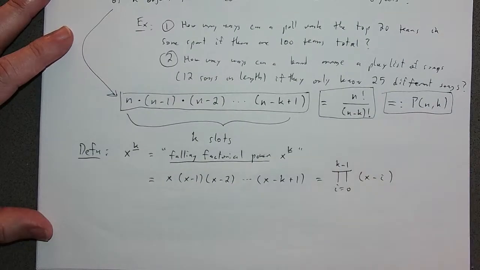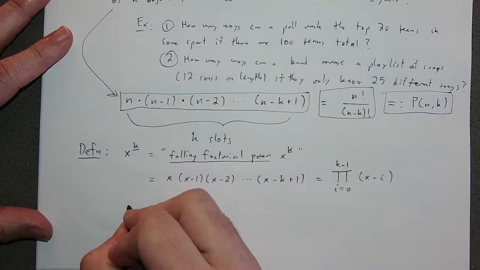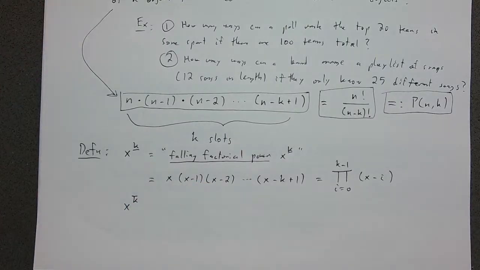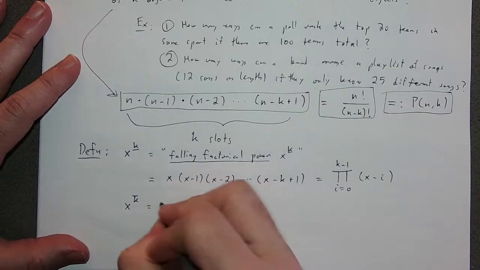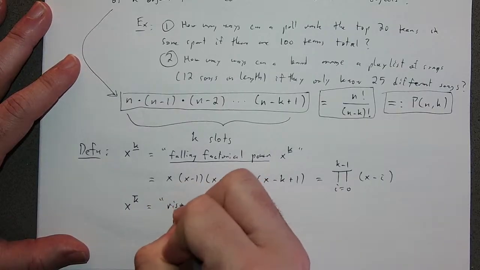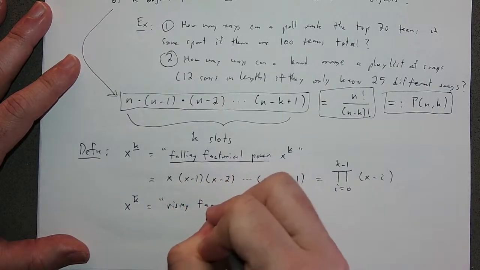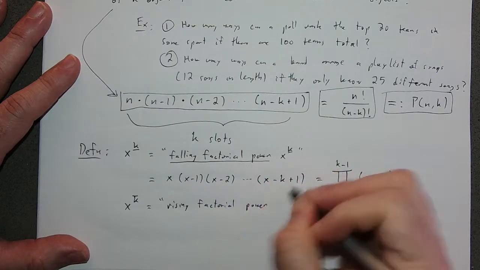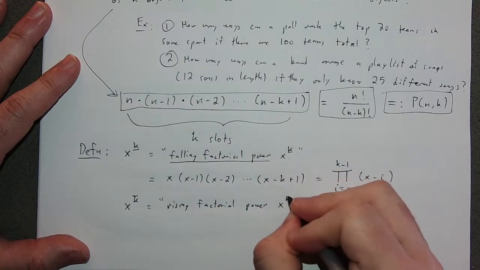We can also define the rising factorial power, where we put the bar over the k instead. This is the rising factorial power, or as we'll call it, x to the k rising.